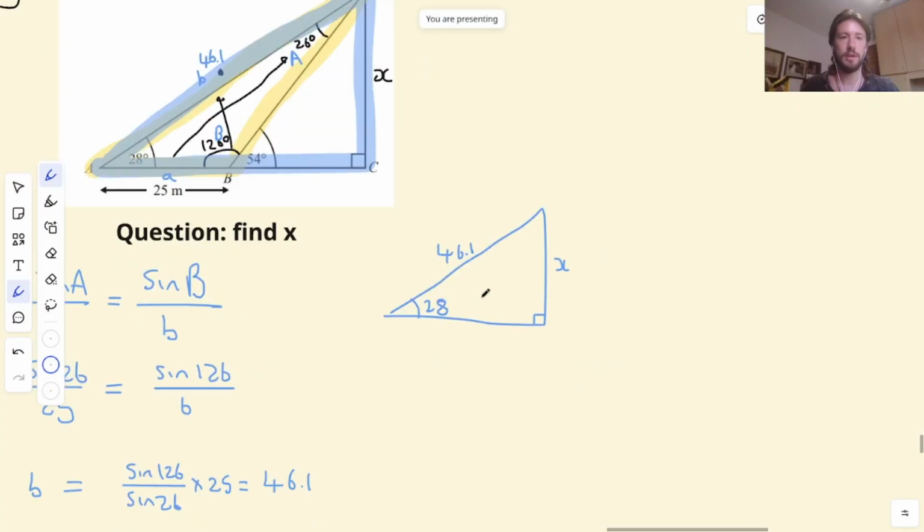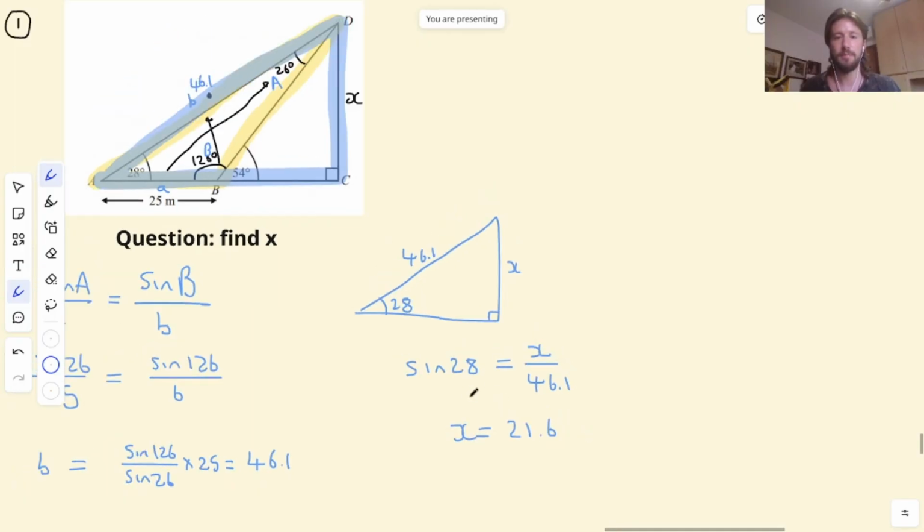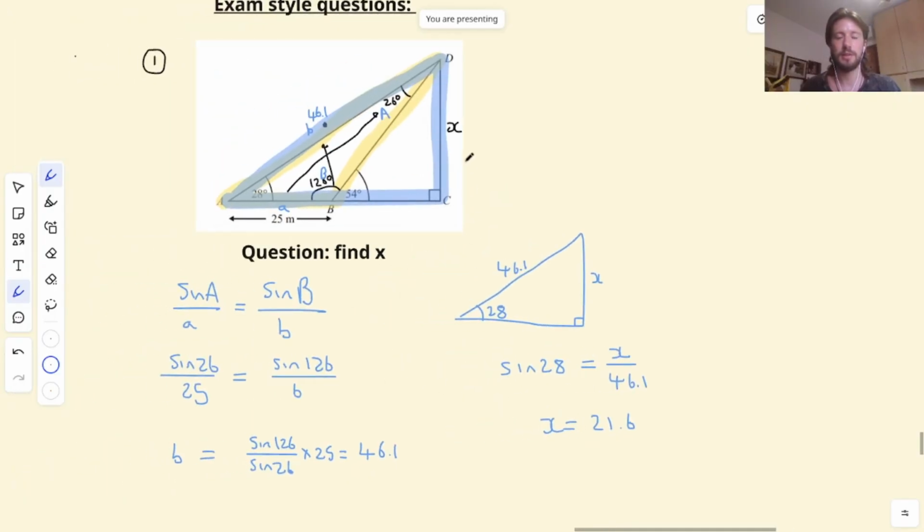And so we can just use our standard trigonometry. In this case, we have the opposite and the hypotenuse. So we will just write that sine of 28 is equal to x over 46.1, and that will give us x equal to 21.6 with some rounding. And there we go, we found x.